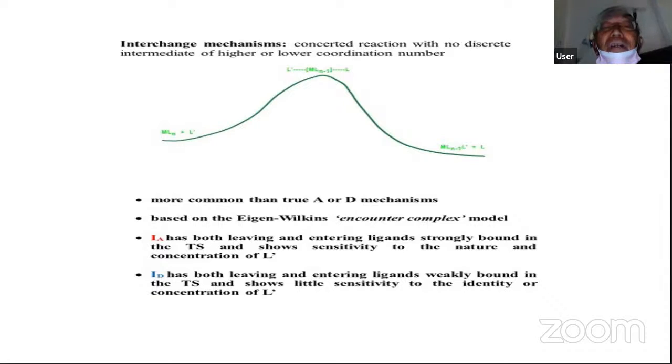So interchange. I don't want to go into much detail on this interchange. Just focus on associative and dissociative, because this will be proven by thermodynamics and kinetics. Thermodynamics and kinetics is already a difficult subject, so I don't want to make the interchange difficult. The next slide.